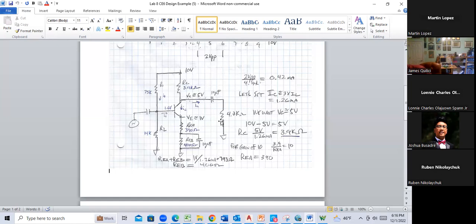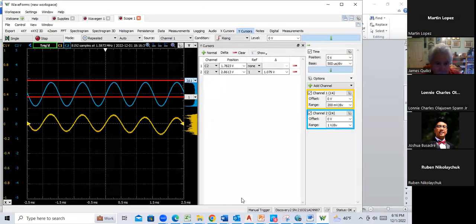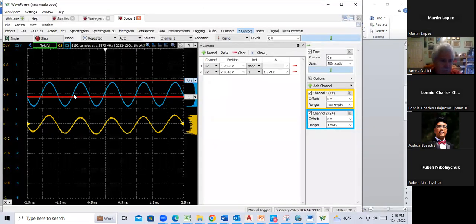This is the first resistor of the emitter. Okay, let's see how I'm doing.